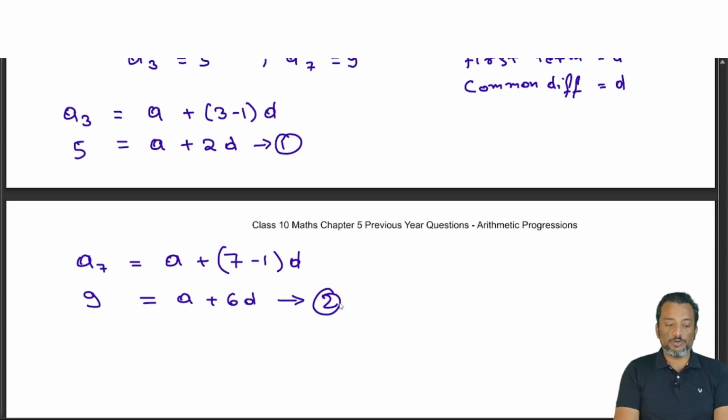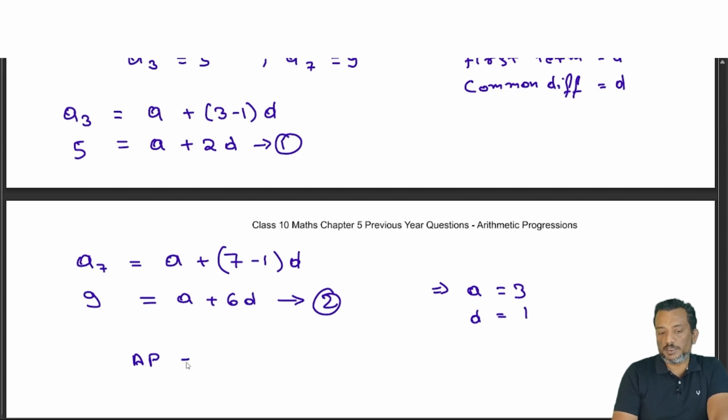Now you can use a method like substitution or elimination and find the AP. So you will get the A value and the D value: A is equal to 3, and D you will get is 1.